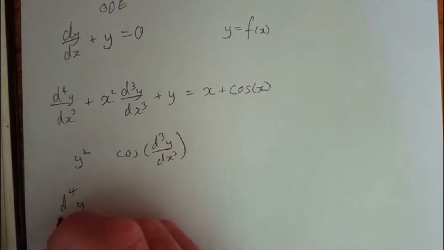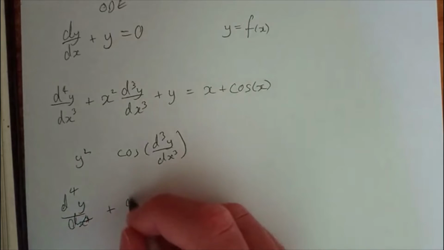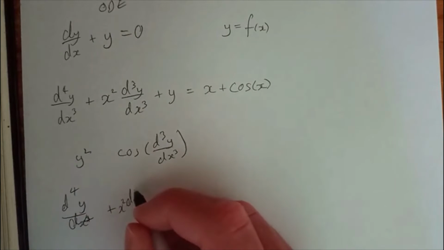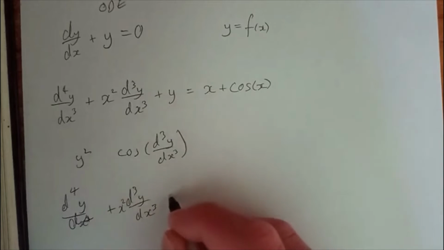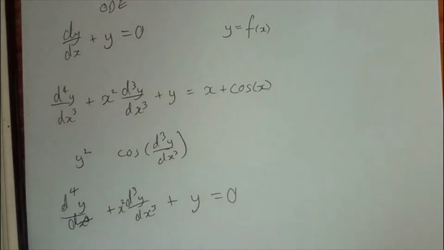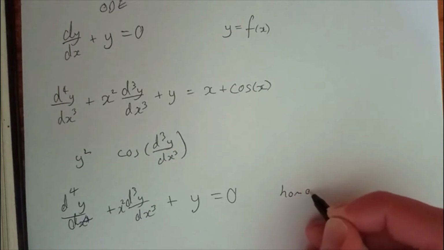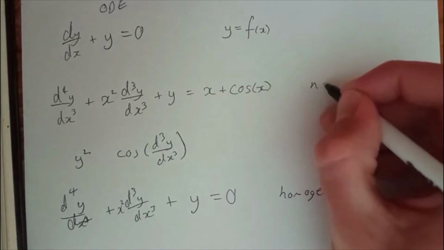So if we had the fourth derivative plus x squared times the third derivative plus y equals 0, this would be homogeneous. Whereas this is not homogeneous.